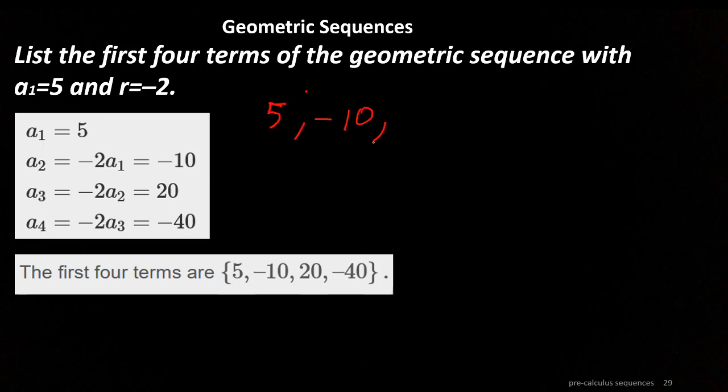So we get -10. -2 times -10 is 20. -2 times 20 is -40 and so forth, right? So we get this alternating thing if our R is negative.